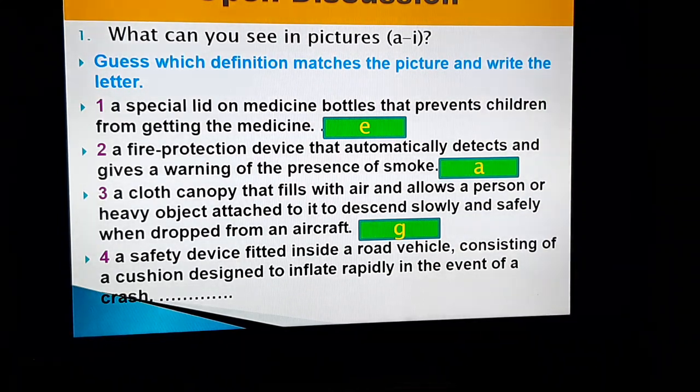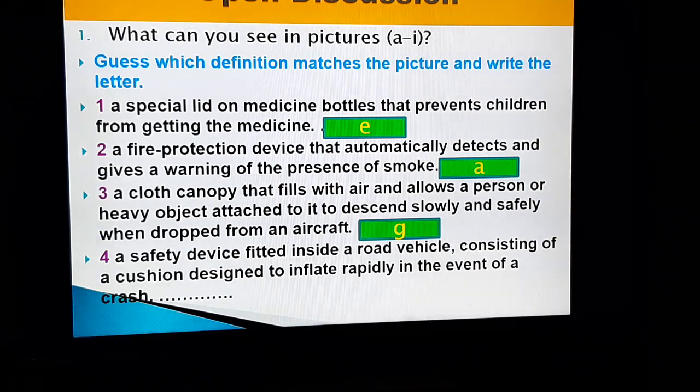Number 4, a safety device fitted inside a road vehicle. And what's the meaning of the word vehicle? Vehicle can be a car, a truck, a bus. Any means of transportation that we use to transport people or goods is called a vehicle. A road vehicle consisting of a cushion designed to inflate rapidly in the event of a crash.